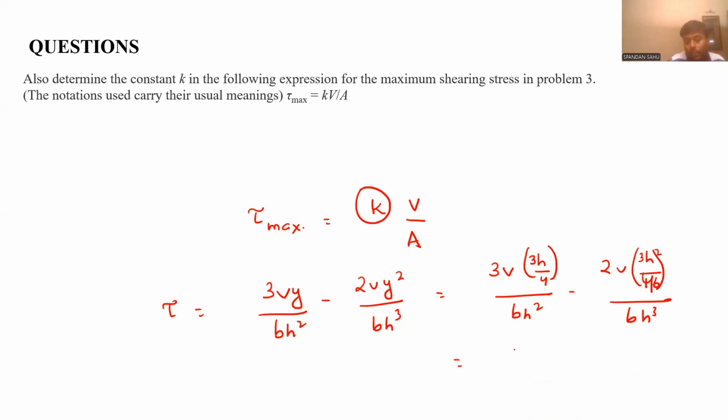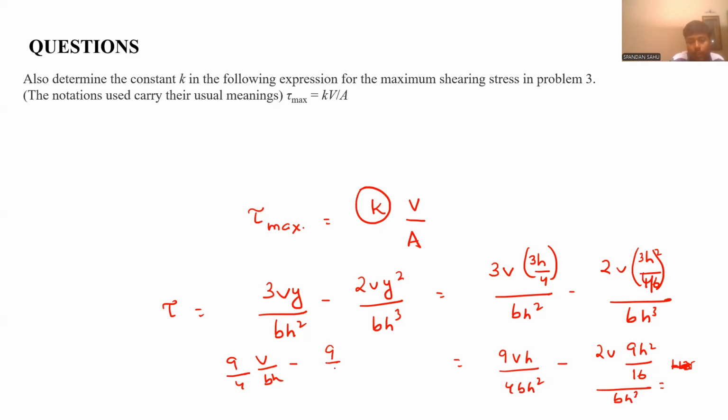It will be 3h by 4 because y we have taken from the bottom side. So it will be 9Vh by 4bh square minus 2V 9h square by 16 by bh cube. So from here, if you substitute, it will be 1.125, or 9 upon 4 V upon bh minus 18 by 16.